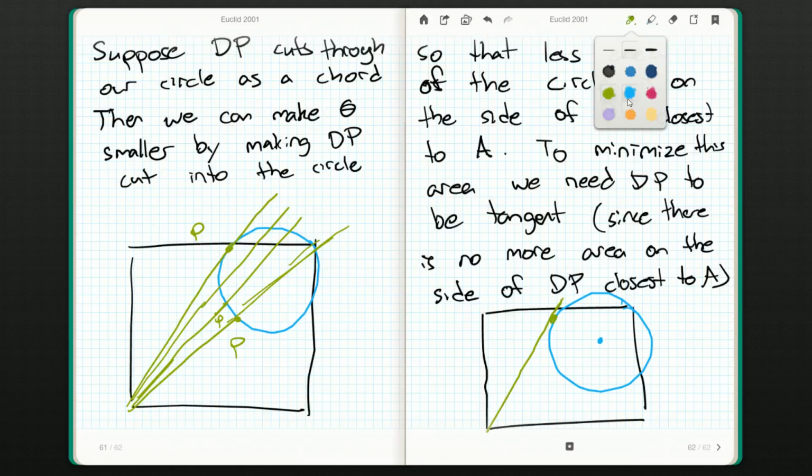And one of the nice things we know is that we can drop a radius. When you drop a radius to the tangent point, you get a right angle. So we actually get ourselves a right angle triangle. And we know some of these lengths here.